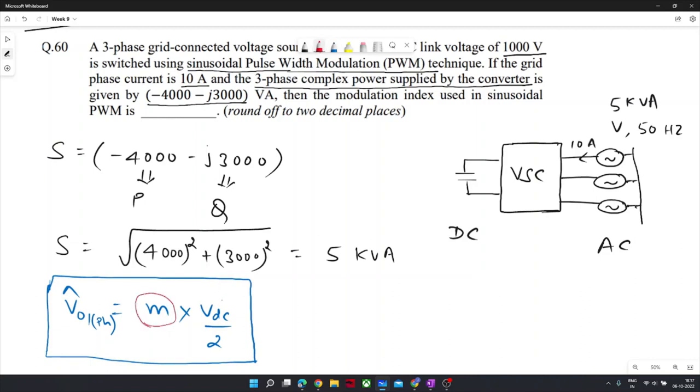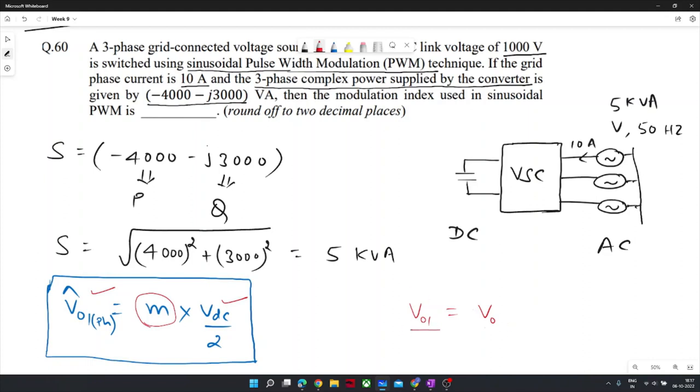VDC is given, but V naught 1 phase is not given, right? And V naught 1 will be equal to V naught. Why? Can anybody tell me why this fundamental component is equal to the output RMS voltage? Why am I writing like this?